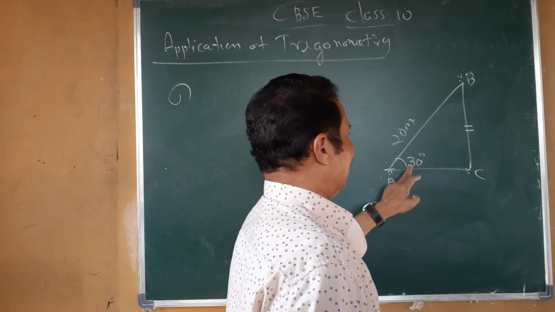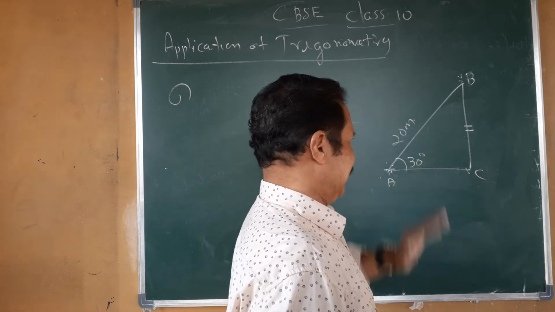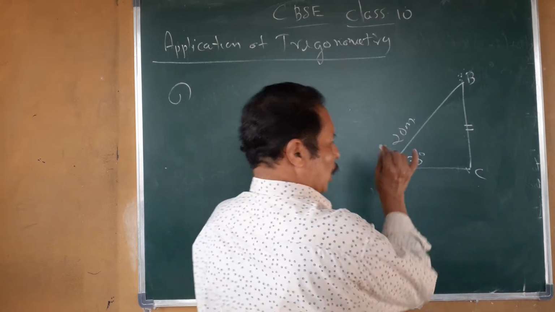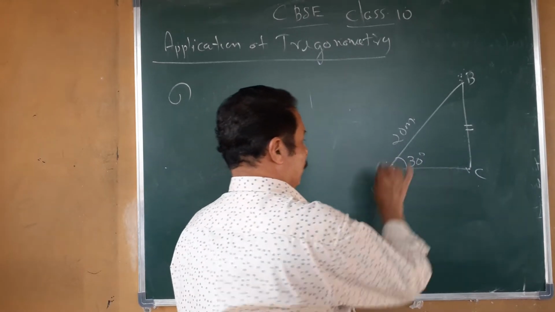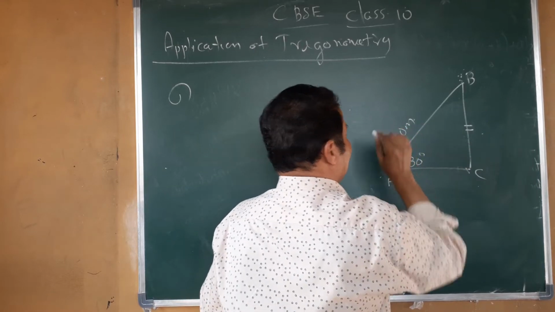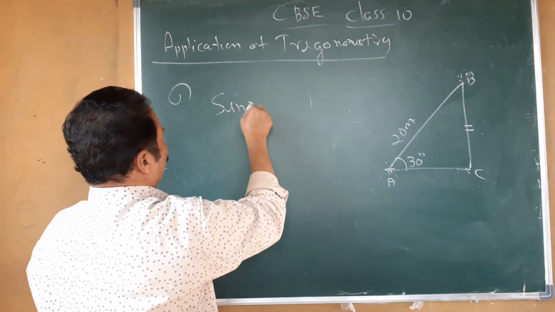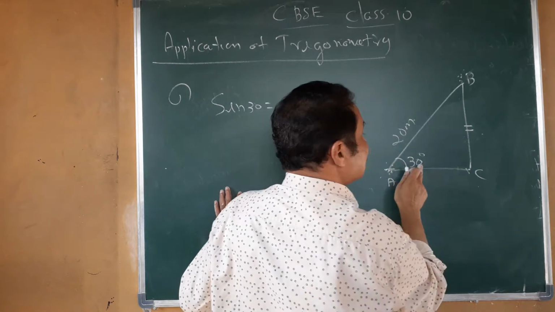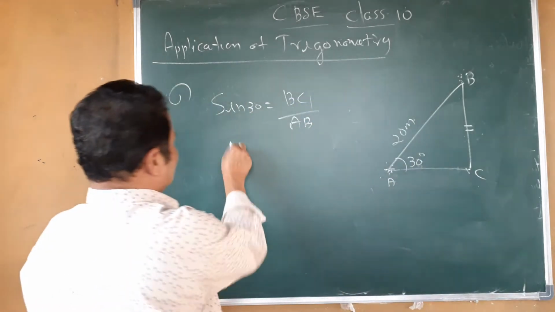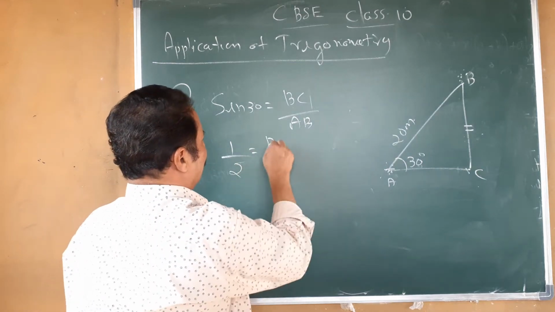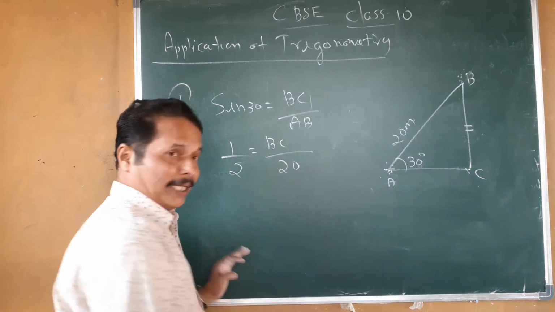Angle with the ground level. Ground level is this, 30 degree. You see that? So look at that triangle very carefully. You must draw the figure. It is compulsory. This is the opposite side and hypotenuse. You studied that opposite side by hypotenuse is sine 30. That is BC by AB. Sine 30 equal to 1 by 2. BC by AB equal to BC by 20.